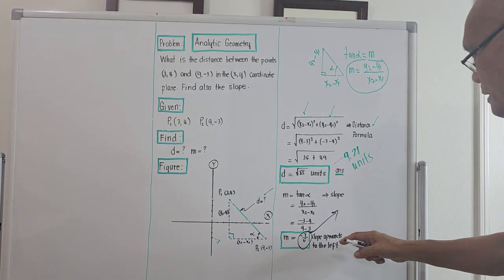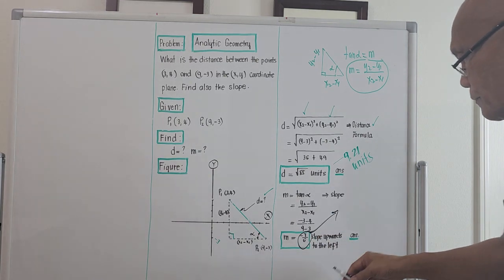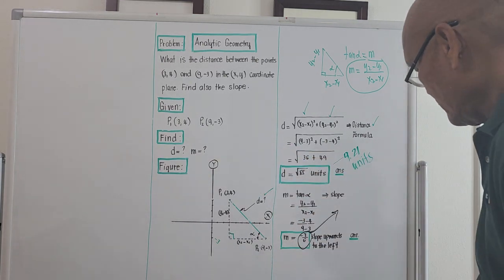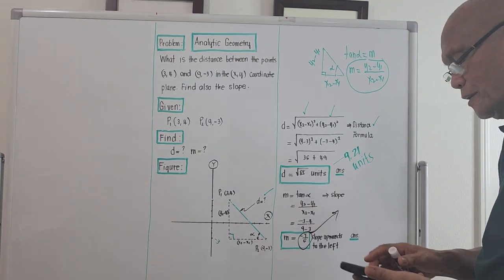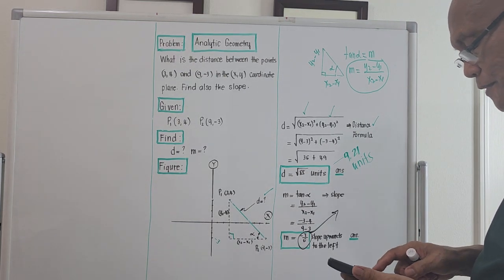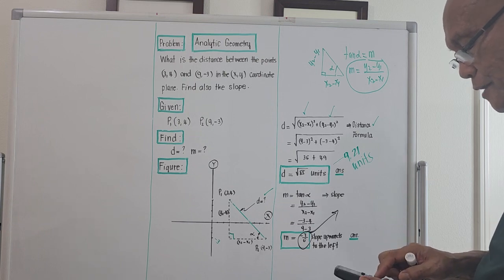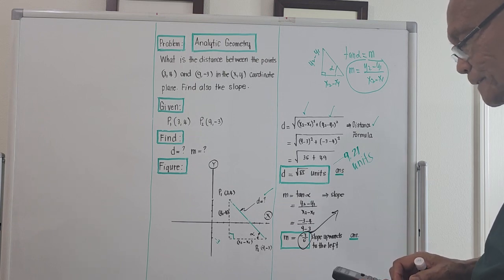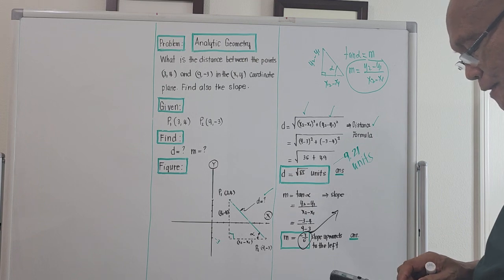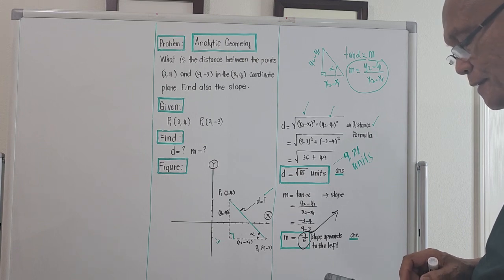Okay, and I place it here, slope upwards to the left. If we try to compute the angle here, 7 divided by 6 equals, second function tangent, plus 90 degrees.